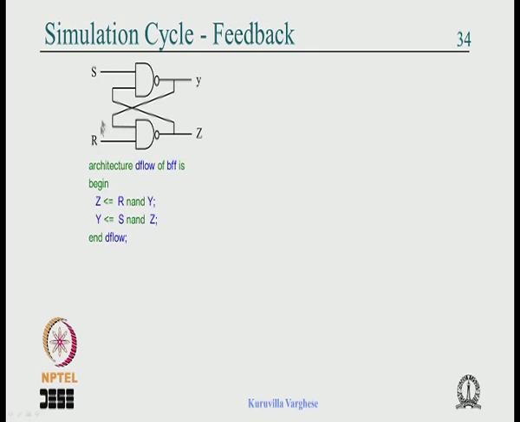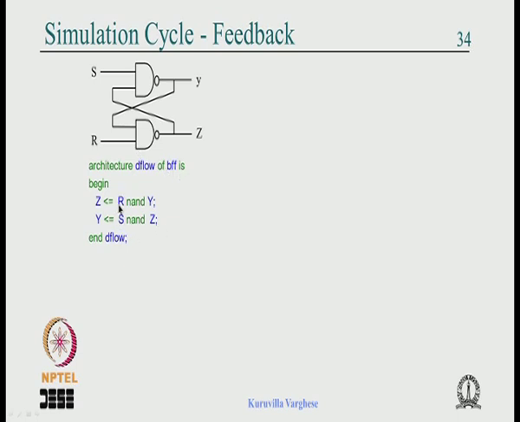If you force both 0 to 1 1, there is a race. So when it comes back to memory it is undefined. So you don't do that. So the set is 0 1, reset is 1 0 and the memory is 1 1. Okay. So let us look at this.